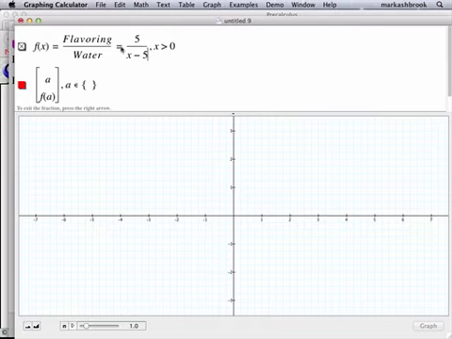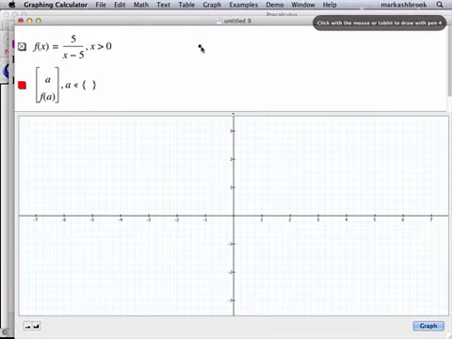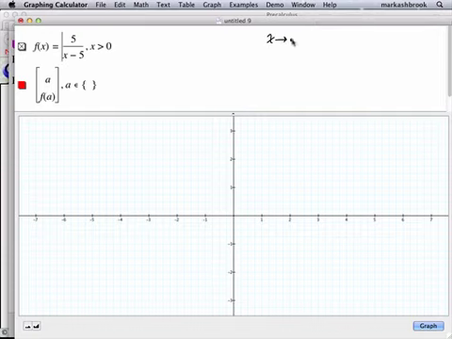So now you want a table that represents this.